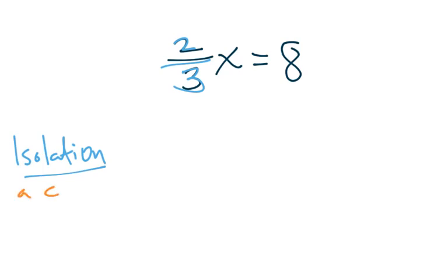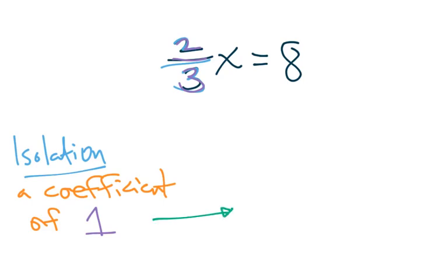So another aspect of isolation I think we could talk about is when you have a coefficient of, can you guess? It's if you have a coefficient of 1. And if that's the case, considering the 2/3, how could I make it 1?